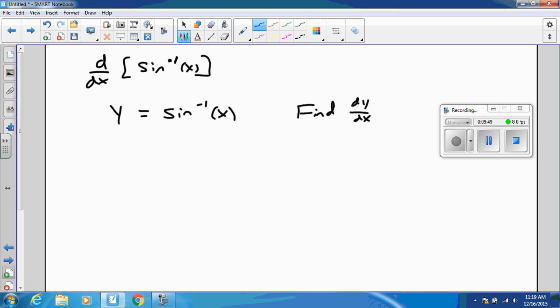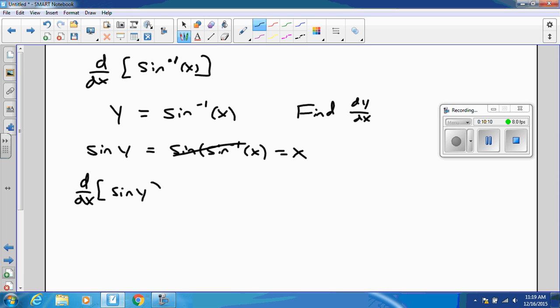And since I didn't have a rule for this, I said, let me cancel out the inverse sine by taking the sine of both sides. And when I take the sine of both sides, then the function and its inverse cancel, giving me x back, because that's what inverses are. And now I take a derivative with respect to x on both sides.